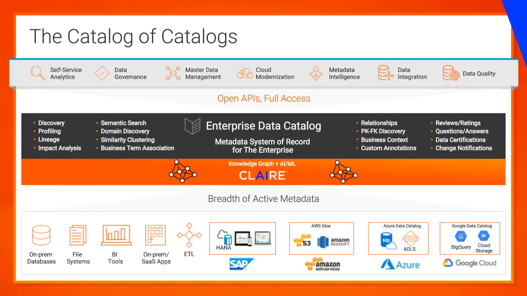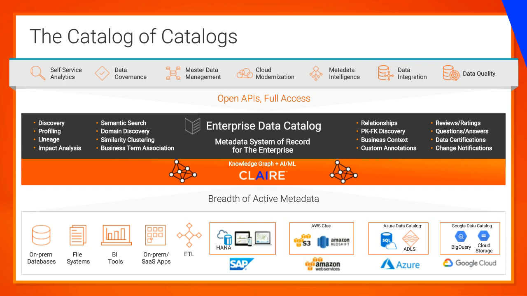All right, the new thing that we are announcing with 10.4 is what we call the catalog of catalogs. Now, we've seen the breadth of connectivity EDC provides. It has 60 plus connectors and so on. But a recent development that we have seen in the market is this emergence of system-specific catalogs. For example, Cloudera has Cloudera Navigator, AWS has AWS Glue, Azure has Azure Data Catalog.